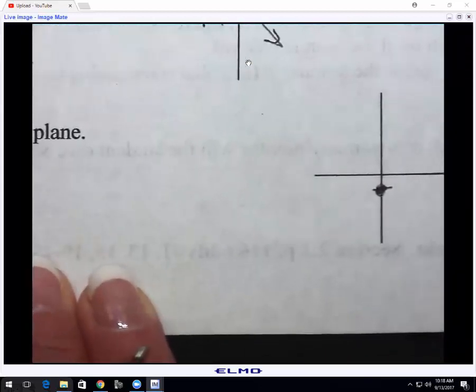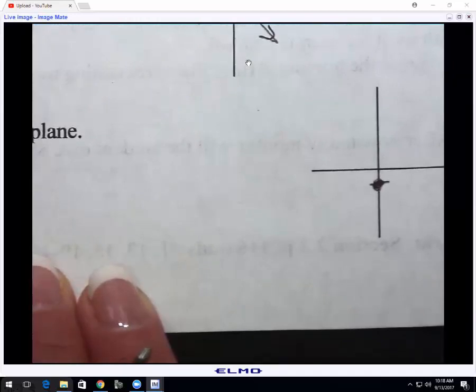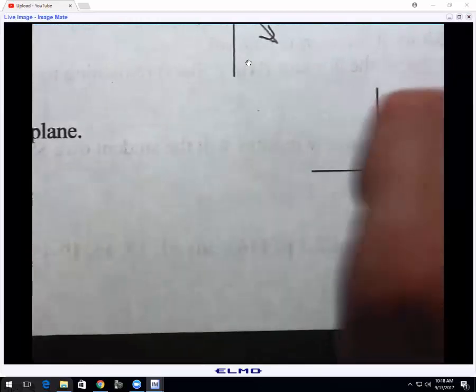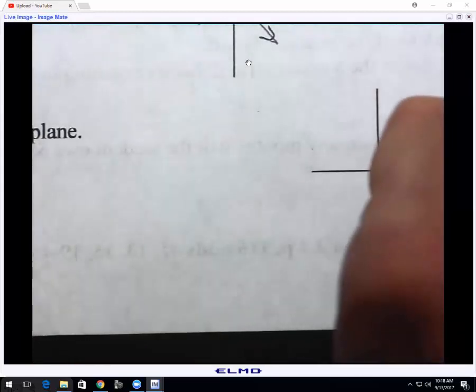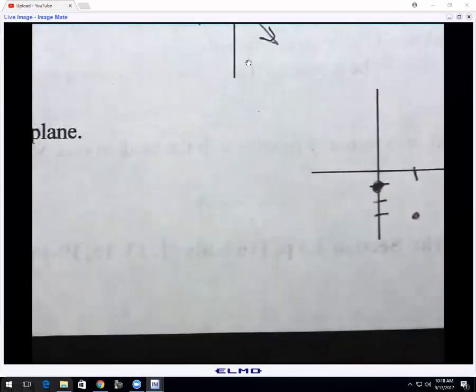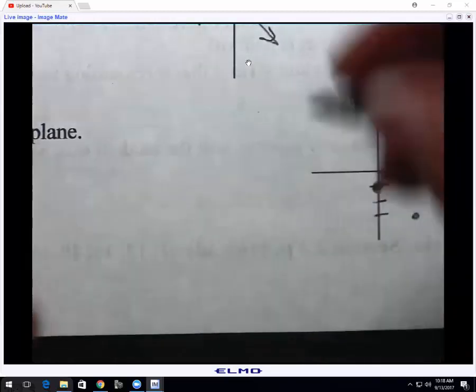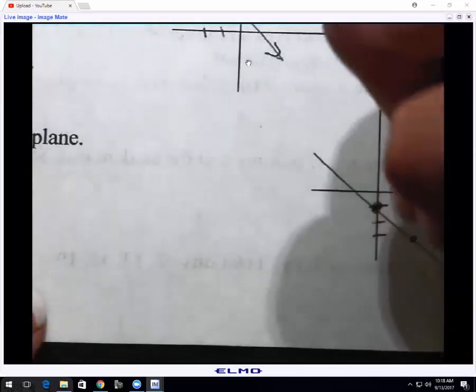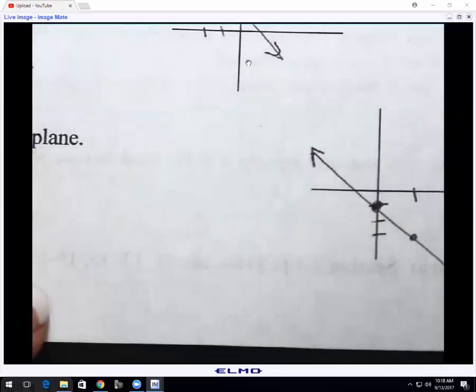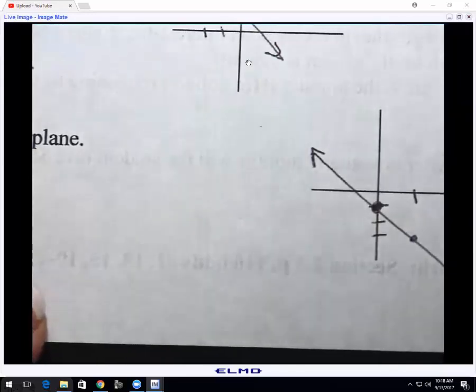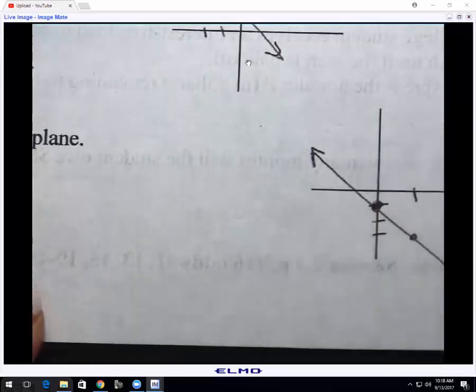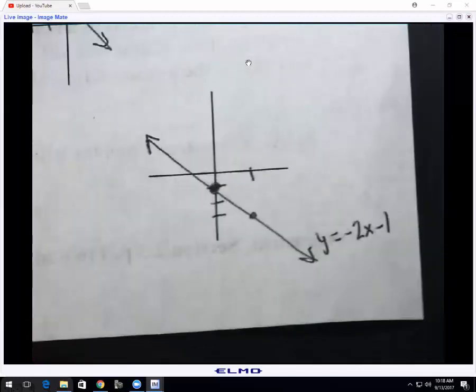And then the slope being -2 means do what? Down 2 and to the right 1. Y equals -2x minus 1.